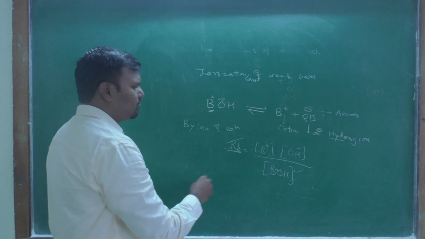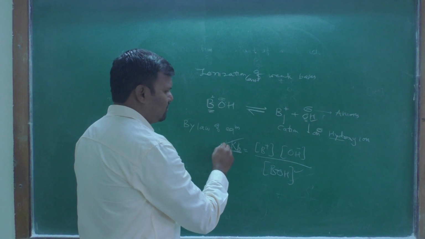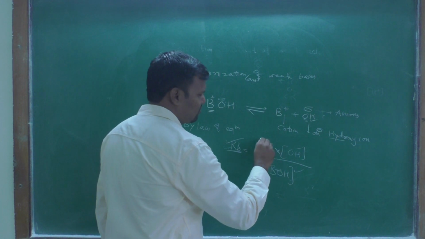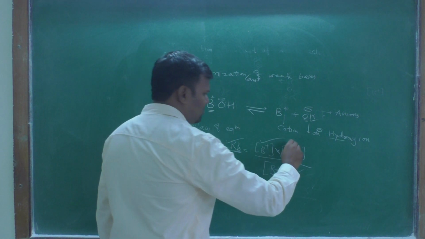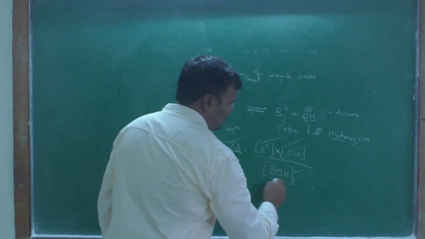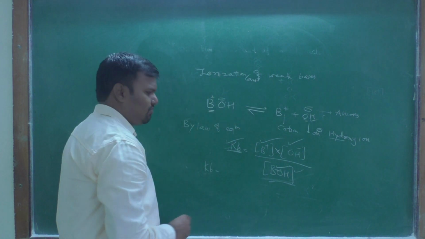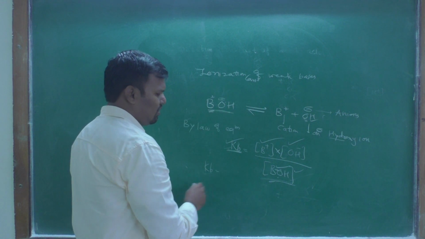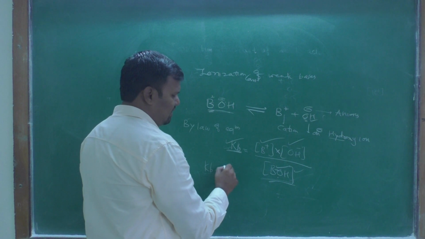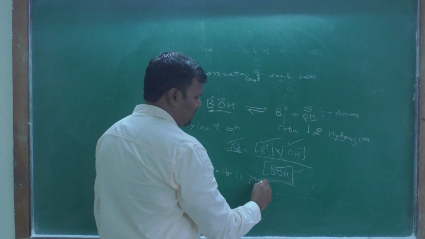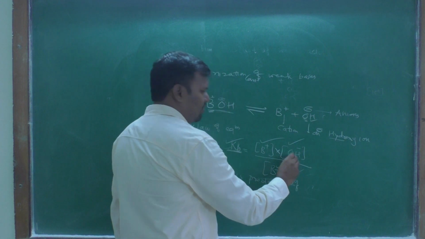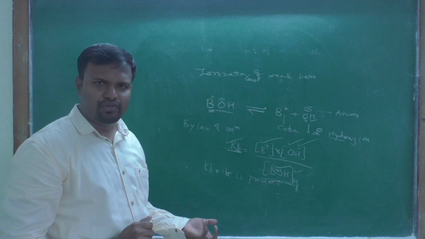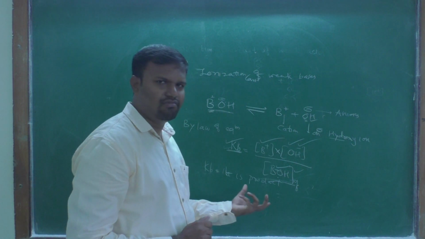Now, Kb is defined for bases. It is the product of the concentration of ions divided by the undissociated compound. In a base, OH minus is definitely produced.